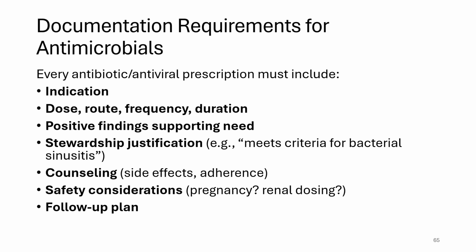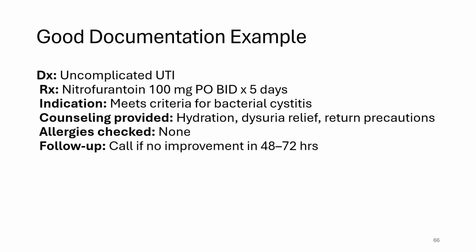Of course, we're always counseling on side effects and making sure to adhere and take the medication for the full course. Did we have any safety considerations? And of course, our follow-up plan if the patient is not improving. So good documentation looks like this. The diagnosis is an uncomplicated UTI. We are using nitrofurantoin, 100 milligrams PO BID for 5 days.